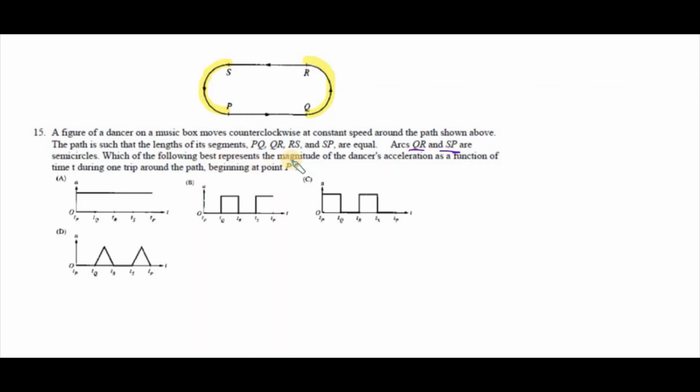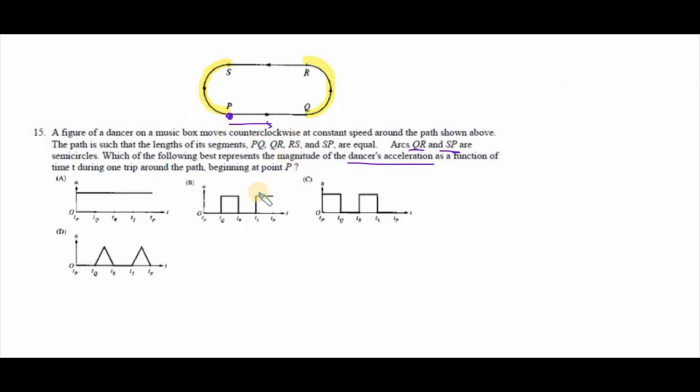Which of the following best represents the magnitude of the dancer's acceleration as a function of time t during one trip around the path, moving counterclockwise beginning at point P? First of all, it starts its motion from point P and moves in the counterclockwise direction.